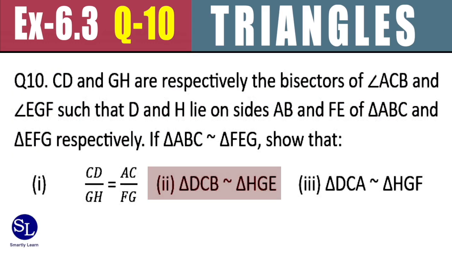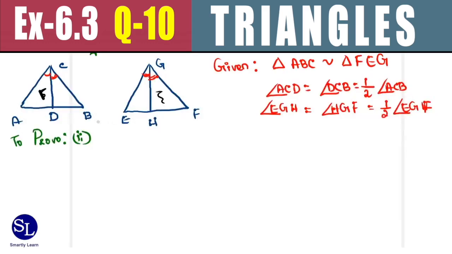Now let's take the second subdivision to prove: triangle CDB is similar to triangle HGE. We are supposed to show the similarity between this particular triangle and this particular triangle. Let's start with what is given to us.